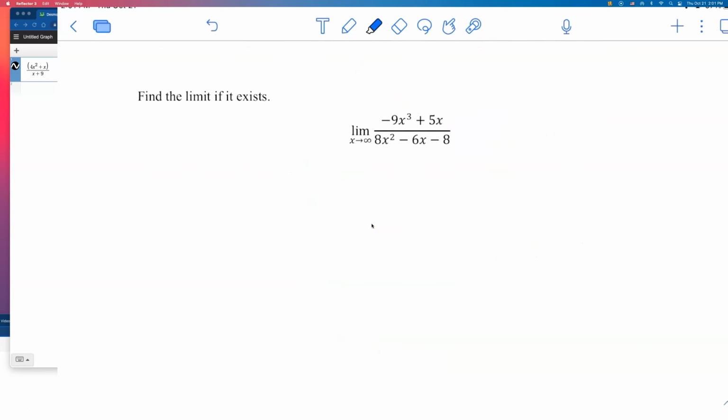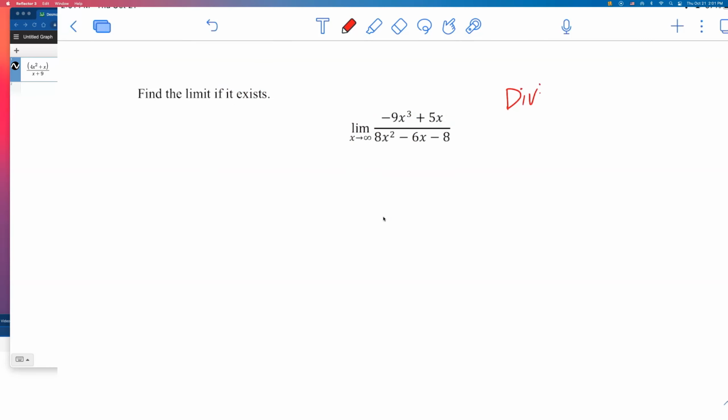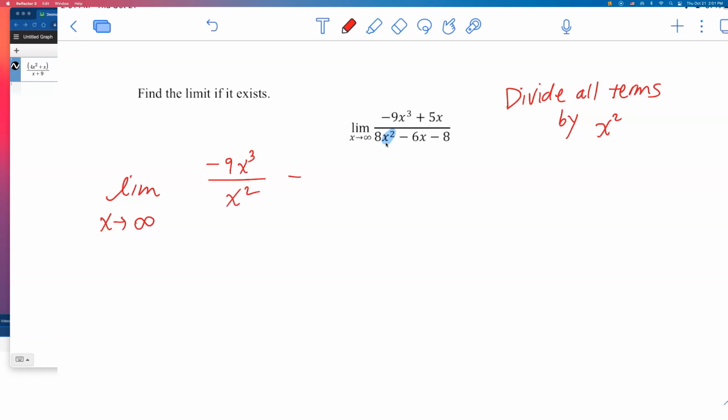Let me do one more. I think the same thing will probably happen here. So what do we have to divide everything by? We need to divide all terms by x squared, because that's the term with the biggest exponent in the bottom of the fraction. So if I set up my work, everything is getting divided by x squared.